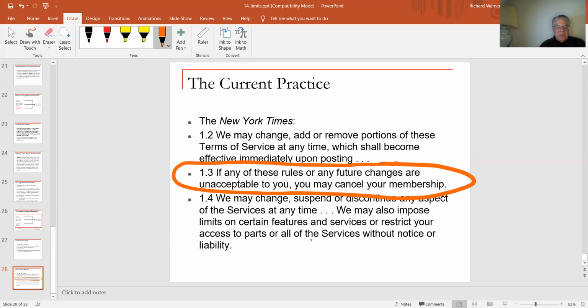After Rodriguez, you saw more and more of these cancellation clauses, right? This says we can change, we can update any way we choose. And this says, if you don't like it, you can cancel. That is the current best practice in writing online agreements.